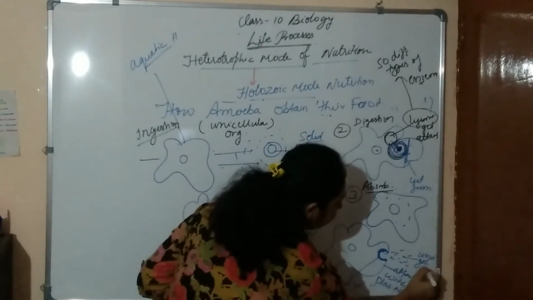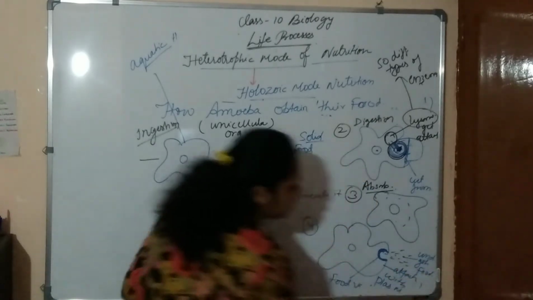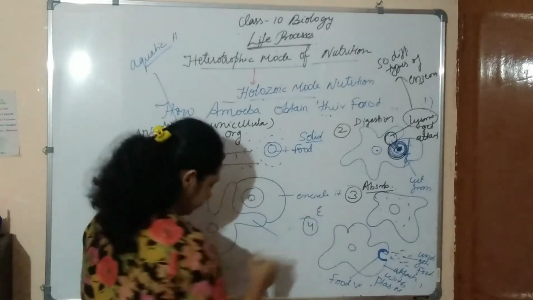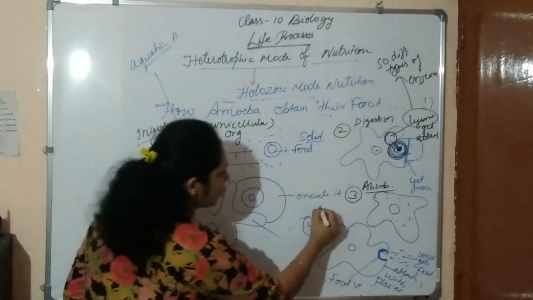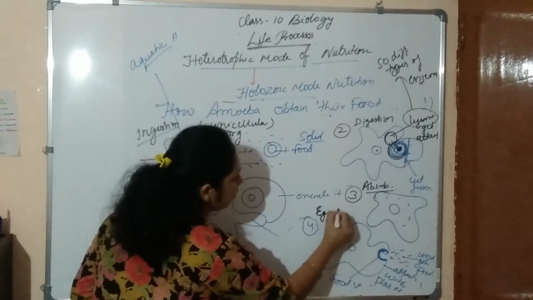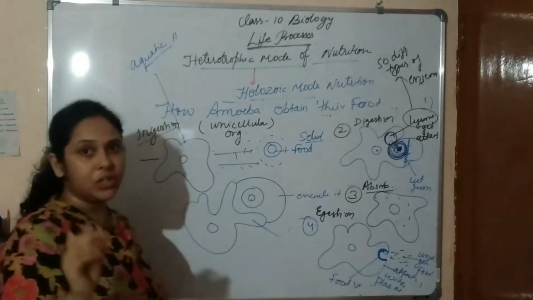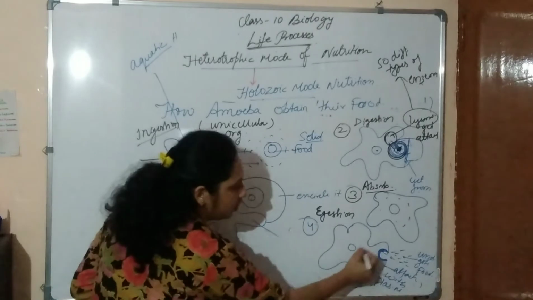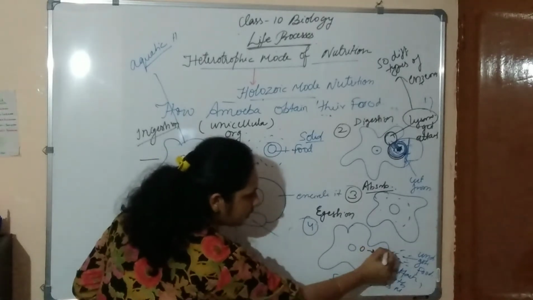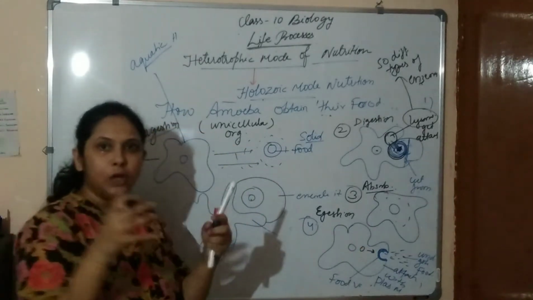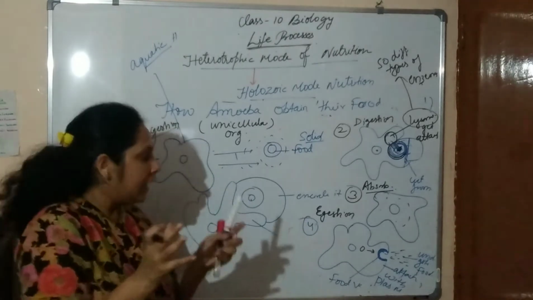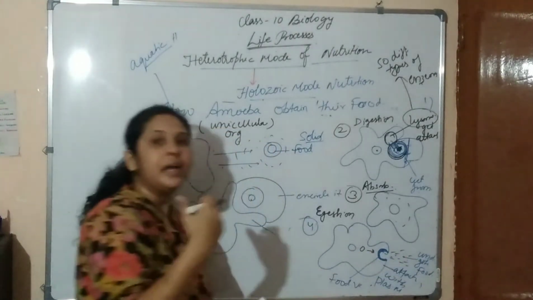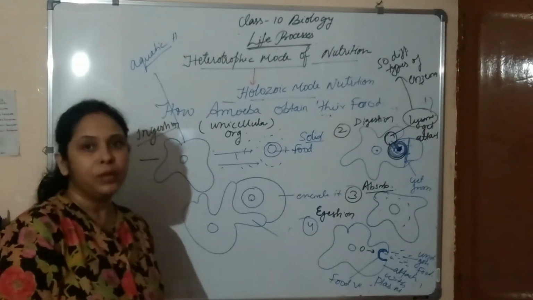So the last process is called egestion. What happens in egestion? Focus on this egestion process. The food vacuole moves towards the plasma membrane and attaches with it, and then the undigested food is removed from the body.